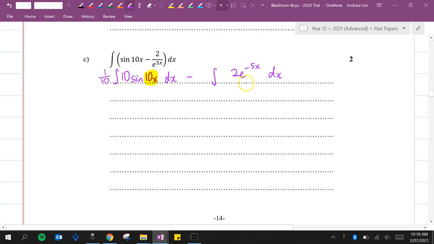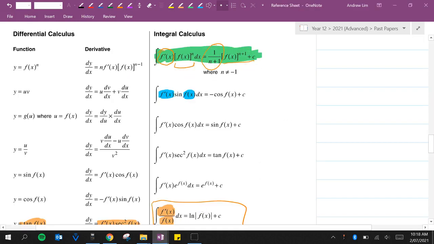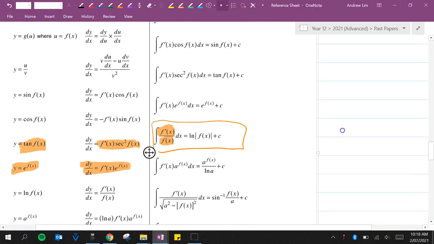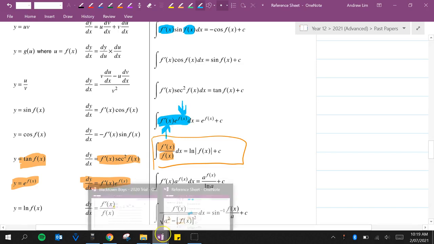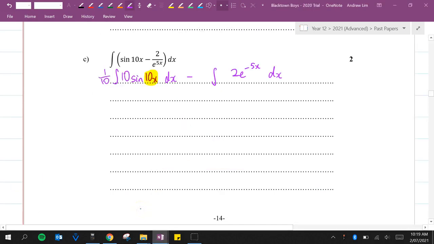For my second one, I've got 2e to the negative 5x. So let's have a look and see what happens when we integrate an exponential function. That's over here. So to integrate, we also need the first derivative of f of x as a coefficient. So I'm going to fix this up.